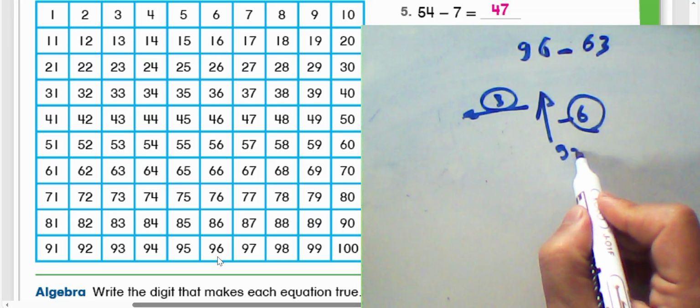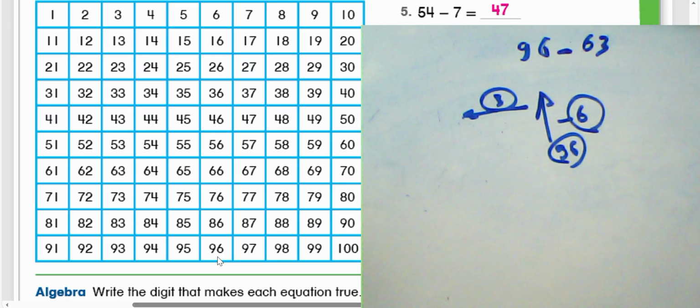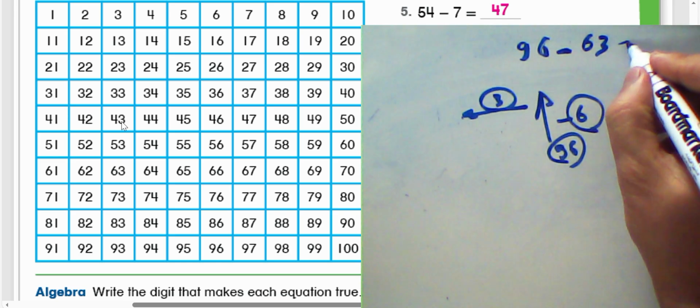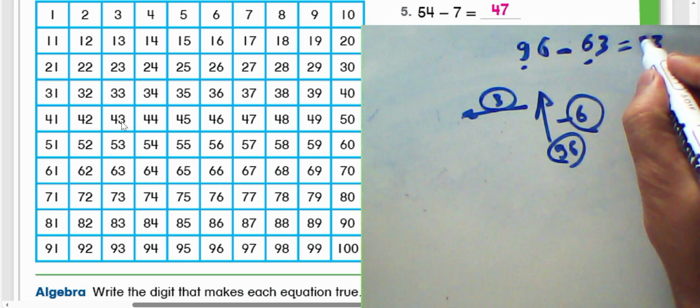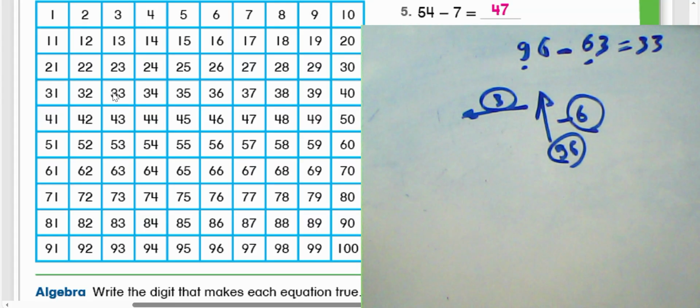Start from 96 and go up 6 steps. 1, 2, 3, 4, 5, 6. Go left hand side 3 steps. 1, 2, 3. So it will be what? 47 or what? 6 minus 3 is 3 and 9 minus 6 is 3. It will be correct. 33 here.